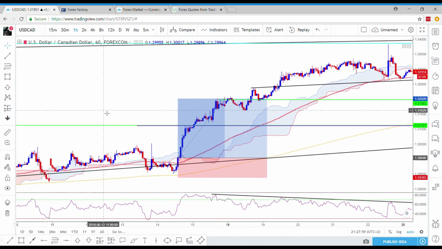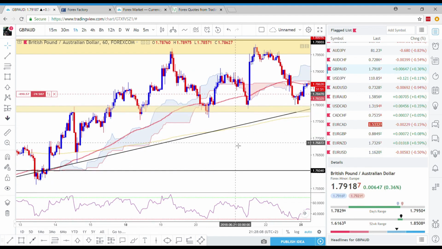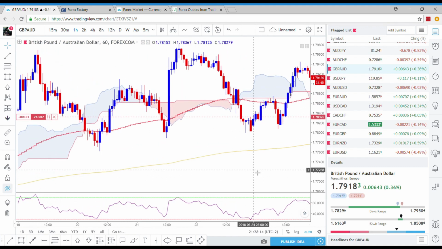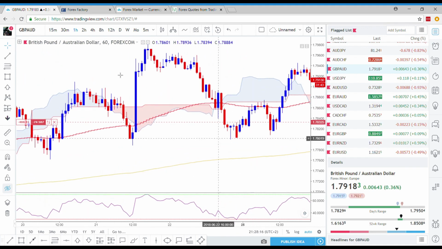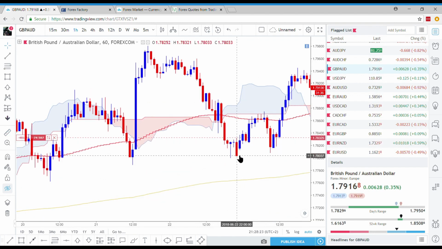Why? Because let's say yesterday was Monday and I was looking to short pound Aussie. And the spread on the Monday morning was 20 pips. So 20 pips, you could see that it's all that move. So let's say I want to buy here.